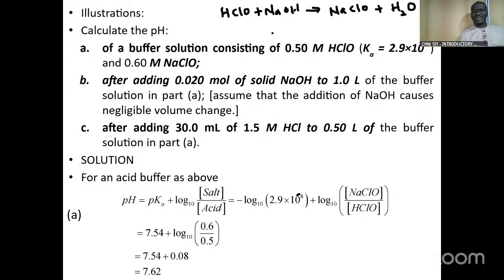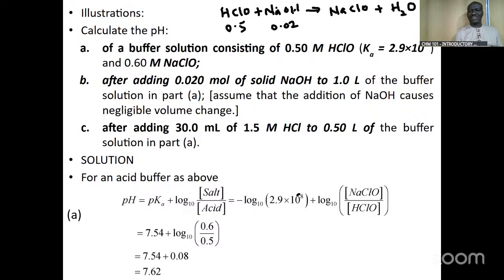So in that wise, we have 0.5 of this. We have 0.02 of this. Now, according to the stoichiometry of the reaction, this is the limiting reagent because this is 1 to 1. So the question is how much of this will have been formed.